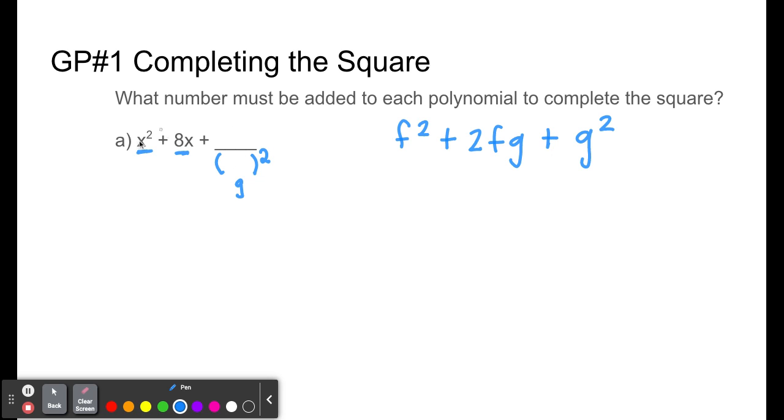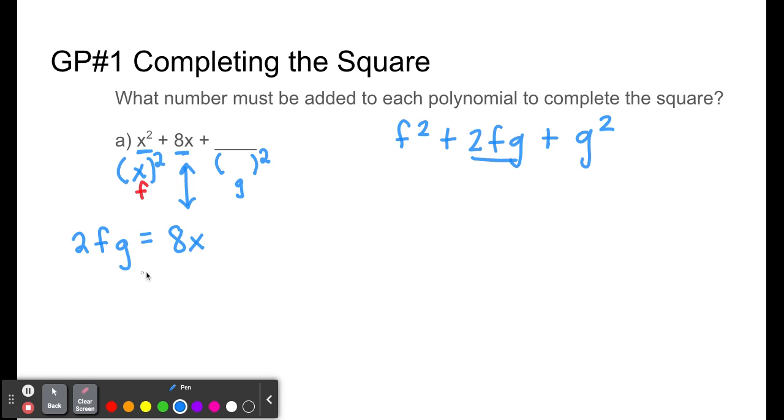So again, we know that x squared is f squared, which means that f in this case would be x. Then we know that 8x is equal to our middle term, which is 2 times f times g. So we can say that 2 times f times g is equal to 8x.